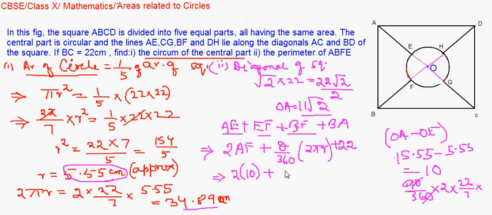So I'll replace here 8.72 plus 22. Then it is 20 plus 8.72 plus 22, that's giving me around 50.72 centimeter. So this is the calculation for finding out the perimeter of ABFE.